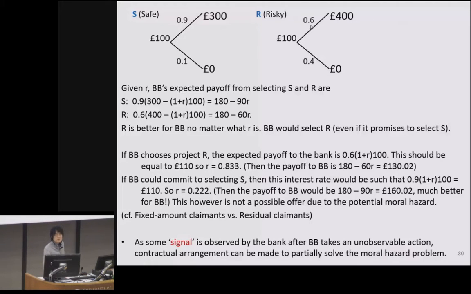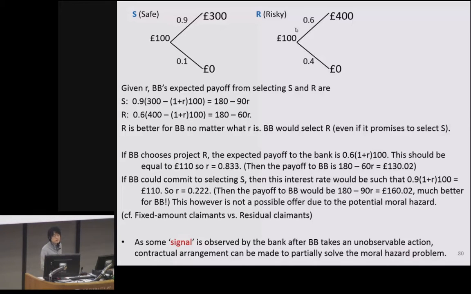This type of conflict of interest between the borrower and the lender is not specific to this particular example. It often happens that shareholders want to take more risk than lenders, creditors want them to take.